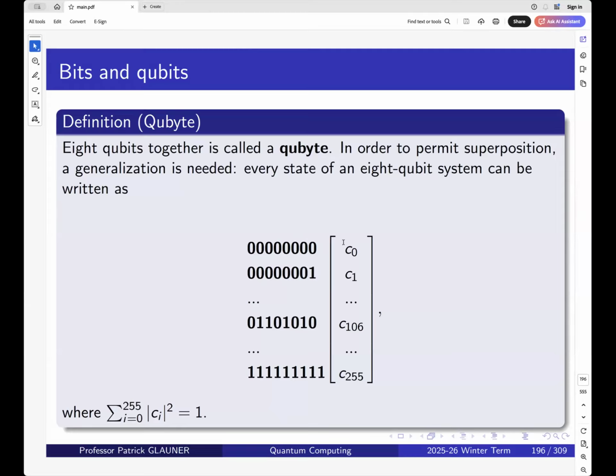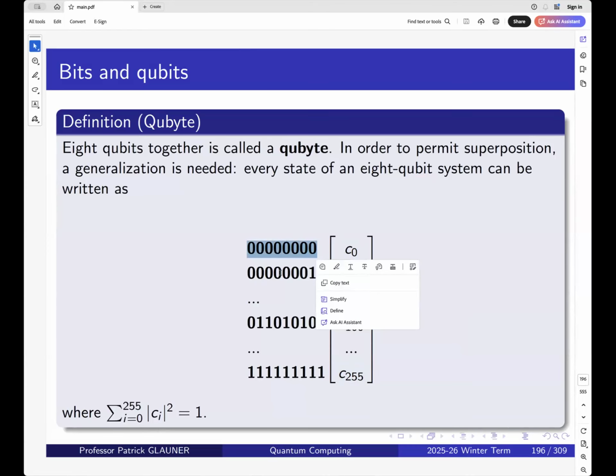So I would represent with a qbyte, so an 8 qubit system, 256 states at a time, from c0, c1 up to c255, so 256 entries.